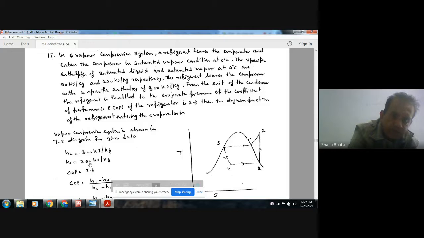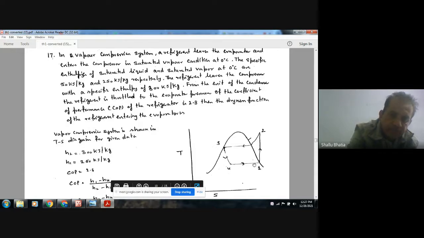So H1 is 250, and it leaves the compressor at the specific enthalpy of 300, so H2 is 300. COP is given as 2.8, and COP is nothing but the refrigerating effect divided by work done.